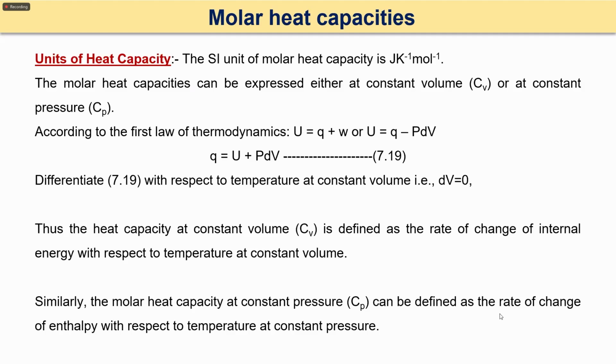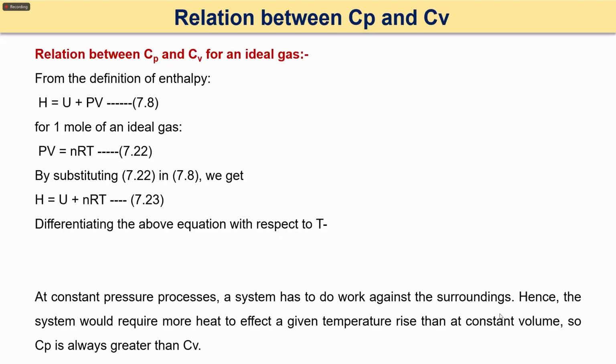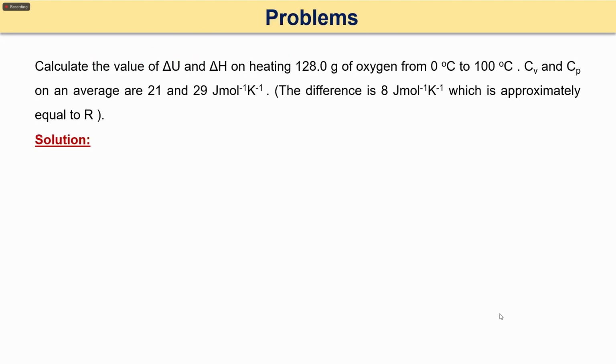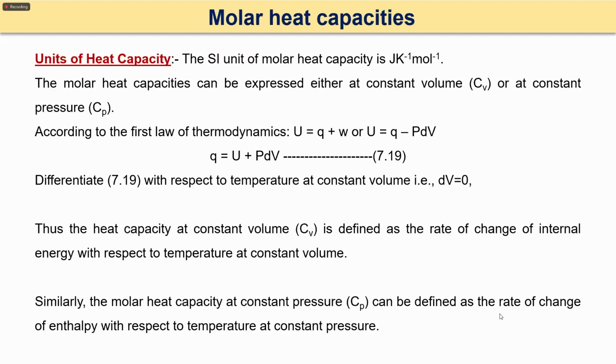After that, we will derive a relationship between Cp and Cv. Finally, we will calculate the delta U, that is change in internal energy, and delta S, that is change in enthalpy. And then we will end this class by solving some problems. Okay. So let us start.